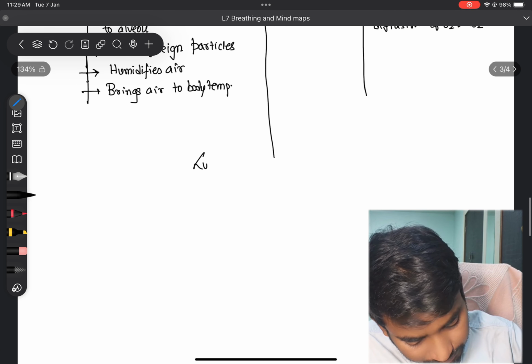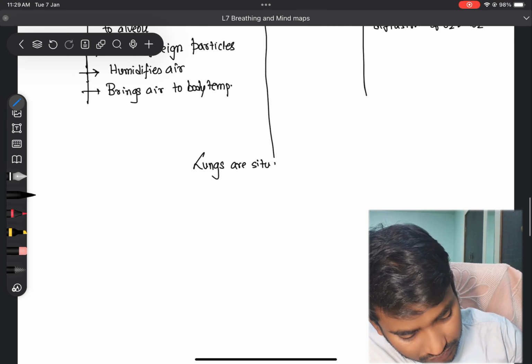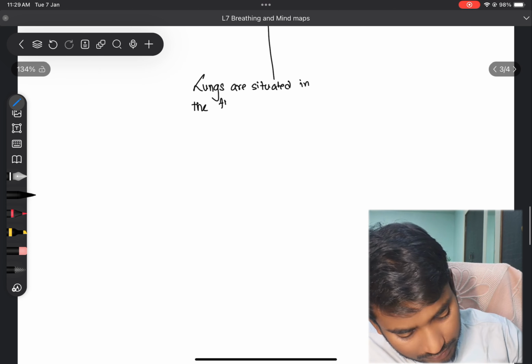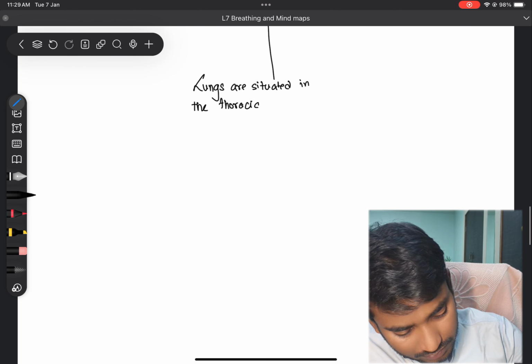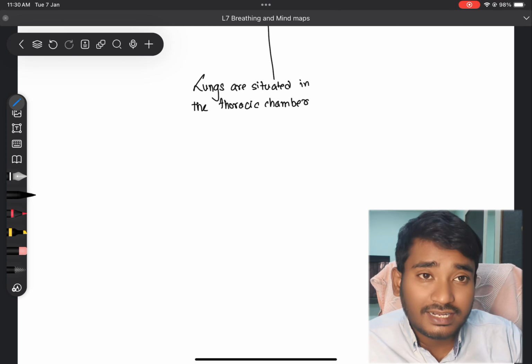Okay, now in another two, we can write lungs are situated in the thoracic chamber, which is anatomically a tight chamber.